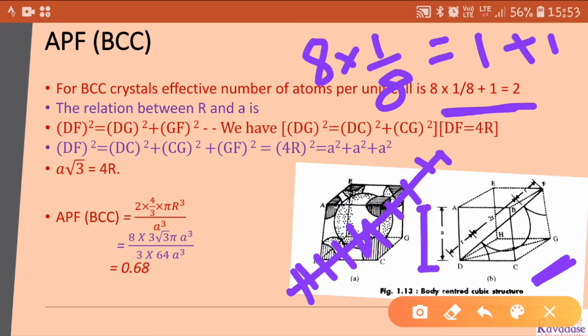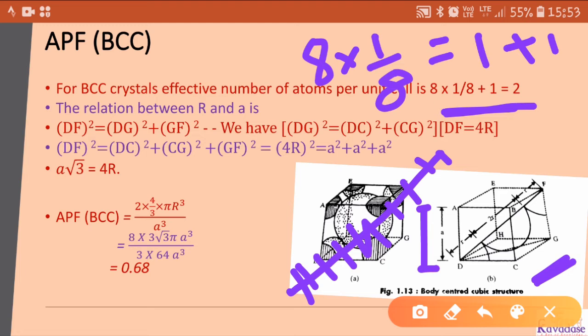Because you can see here is a small semicircle, here is also one semicircle, and here also one semicircle. So total distance from D to F is 2r plus 1r plus 1r, 4r.